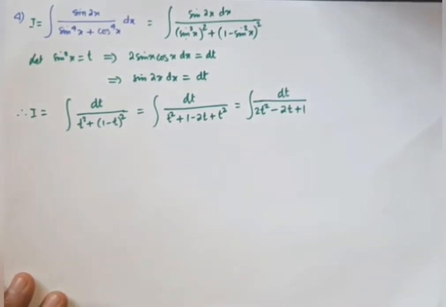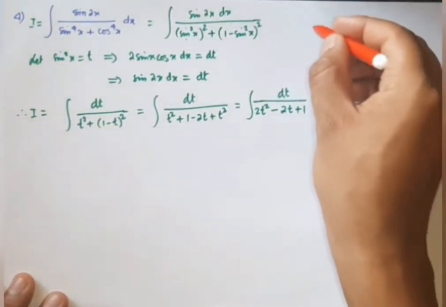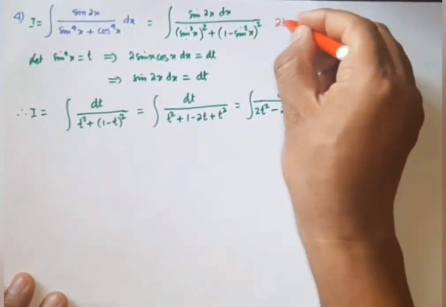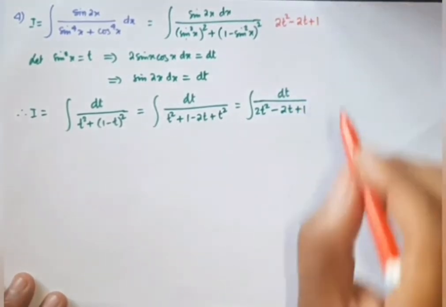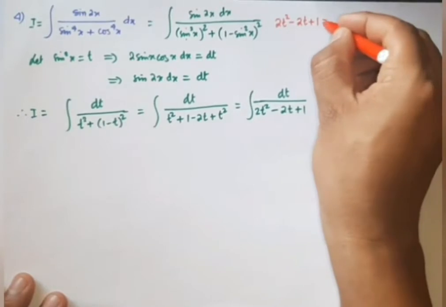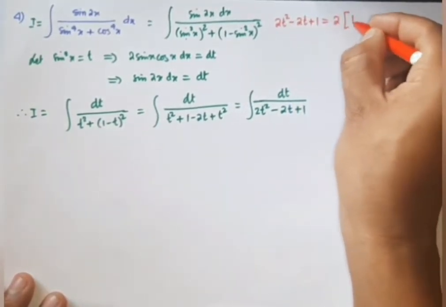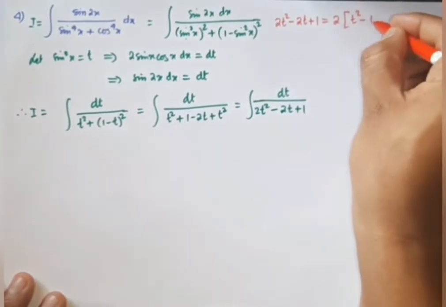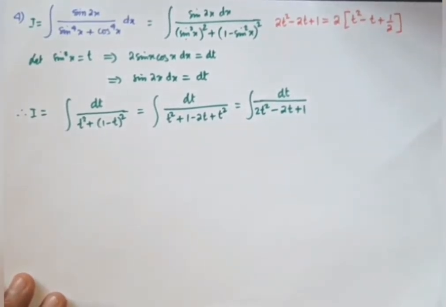So let us quickly see how to write the quadratic expression as a sum or difference of two perfect squares. So we have 2t square minus 2t plus 1. First what we are going to do is take out a common factor, that is 2. So 2 is kept outside, so we have t square minus t plus half with us, right?